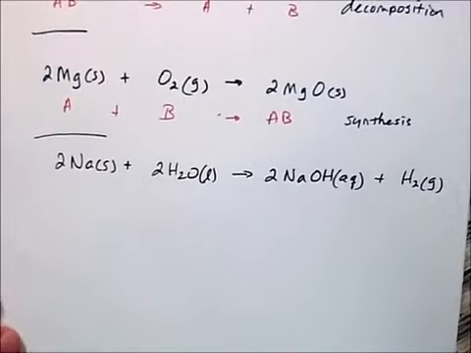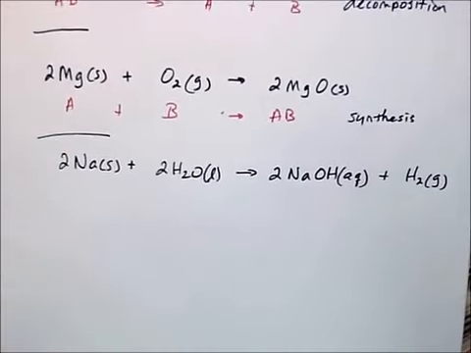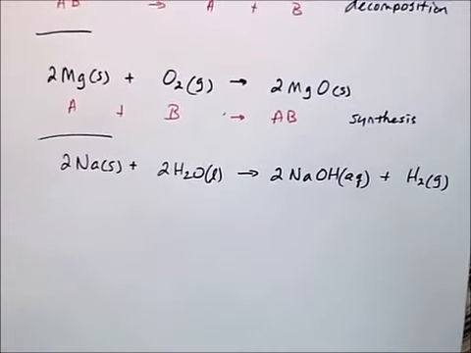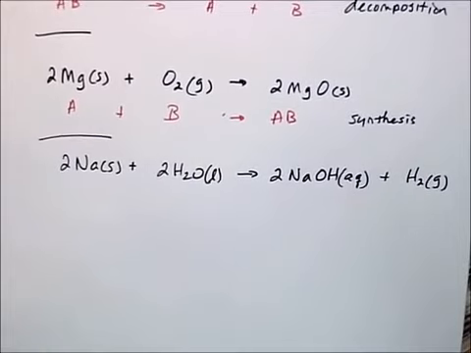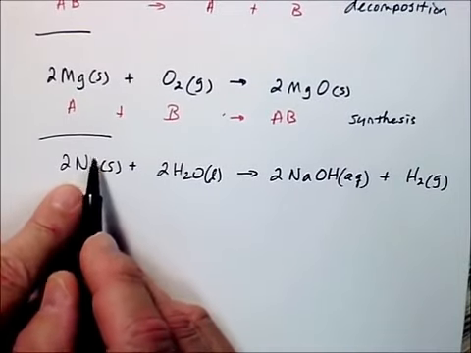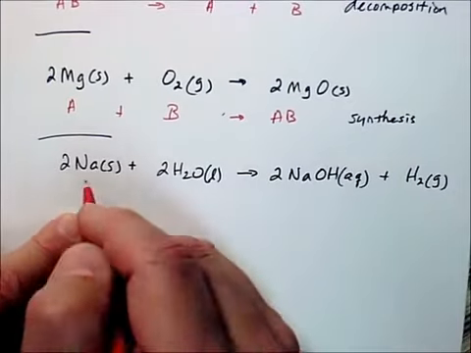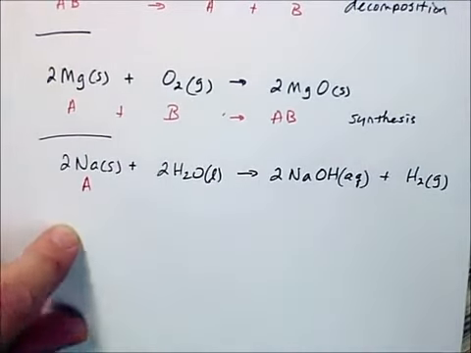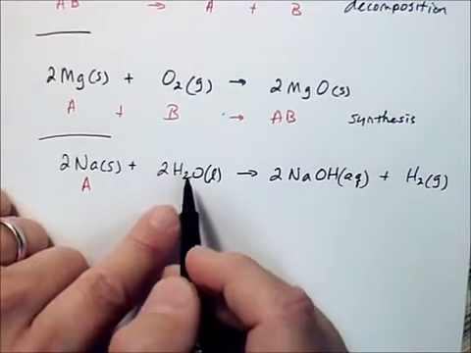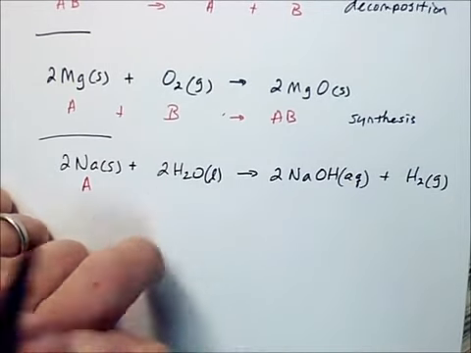Time to pause if you're going to do that. And I hope we're back now. We have a very, very simple form, just an element. So that would be like A. And here we've got hydrogen and oxygen.